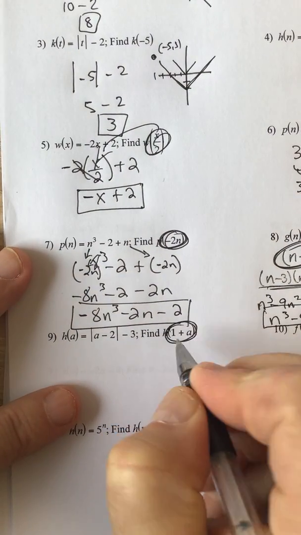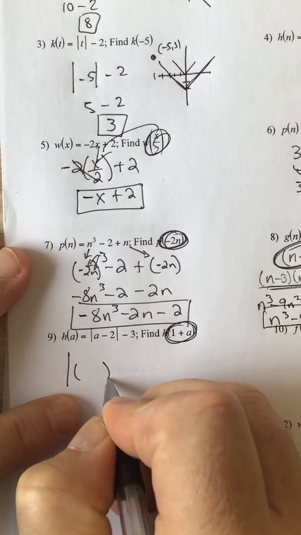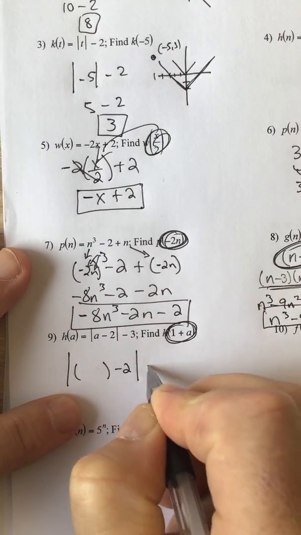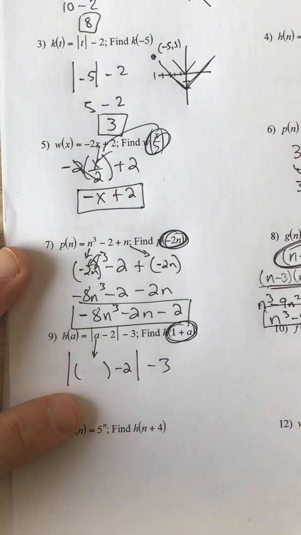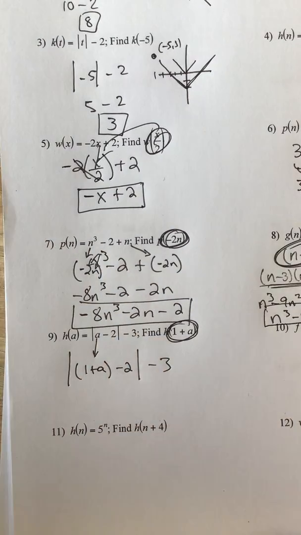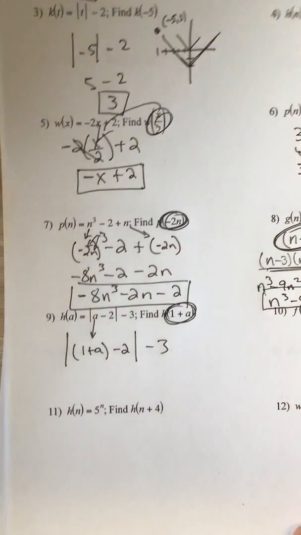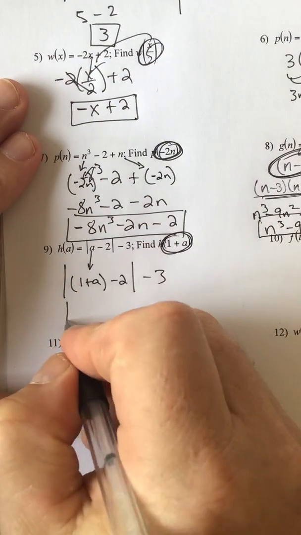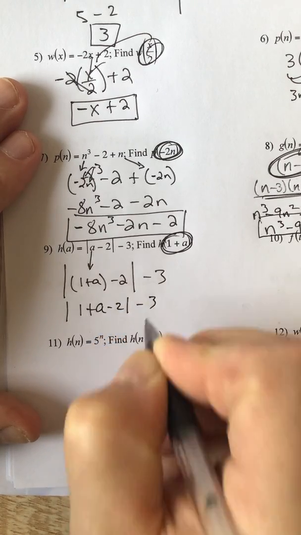Okay, plug an a in, we're going to get an a out. So this is the absolute value of something minus 2 minus 3. See, where there was the a, I left a blank because this stuff goes in there, 1 plus a. Okay, absolute values are like parentheses, so we have to do parentheses first. So this really means the absolute value of 1 plus a minus 2 minus 3.